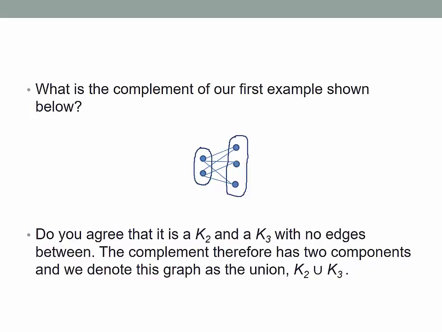And since every edge runs between, then in the complement, no edge would run between. So do you agree that the complement of this complete bipartite graph would be a K2 and a K3, and they would be disjoint? So we would denote this as the disjoint union of a K2 with a K3.